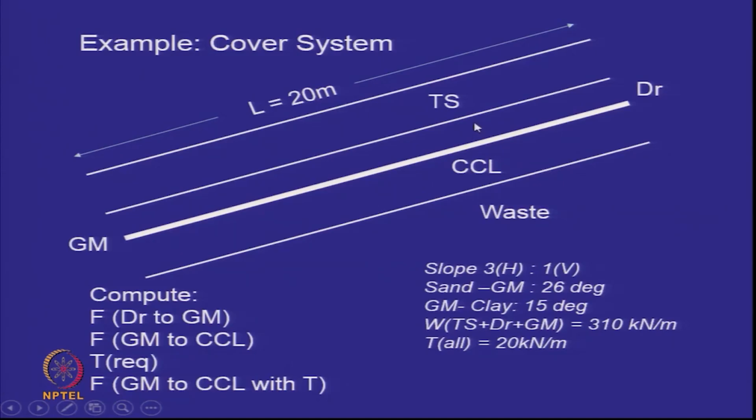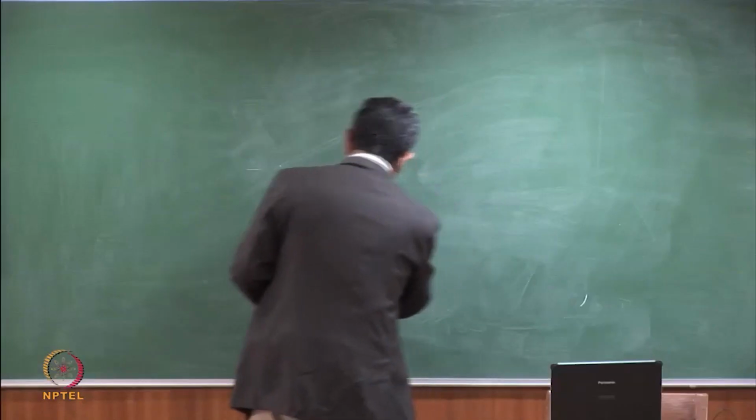On top of the geomembrane is the drainage layer, okay? And the sand to geomembrane delta angle is 26 degrees, and the geomembrane to clay delta angle is 15 degrees. So first I want you to find out the factor of safety for the sand to geomembrane interface. Can you please do that for me? The slope is given as 3:1.